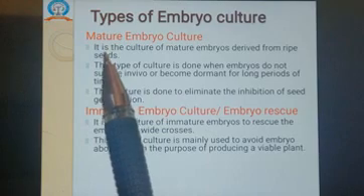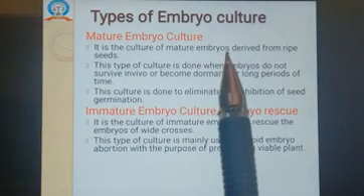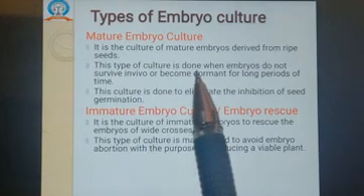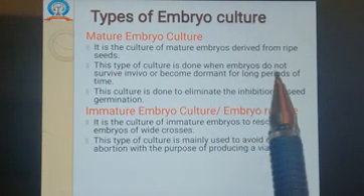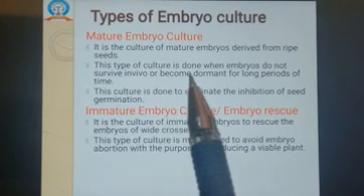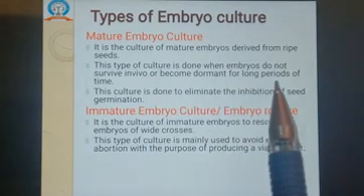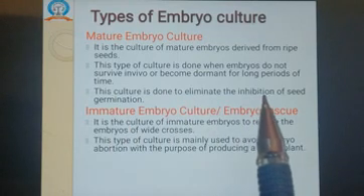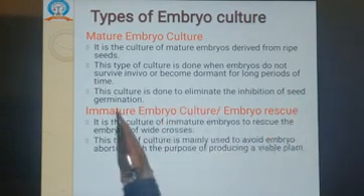The mature embryo culture is the culture of mature embryos derived from ripe seeds. This type of culture is done when embryos do not survive in vivo, meaning in natural condition, or become dormant for long periods of time. So this culture is done to eliminate the inhibition of seed germination.